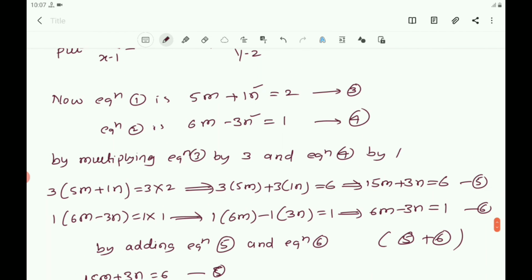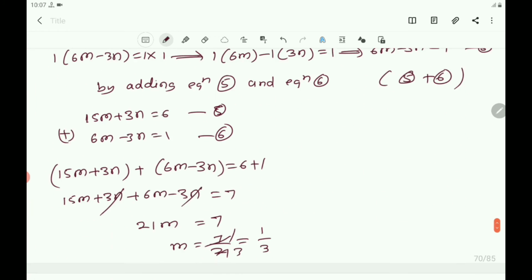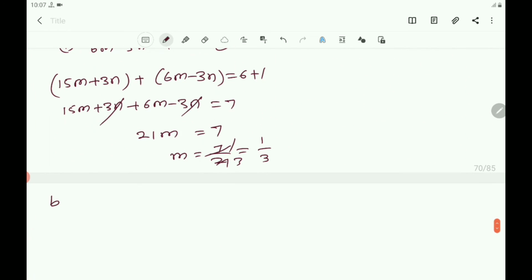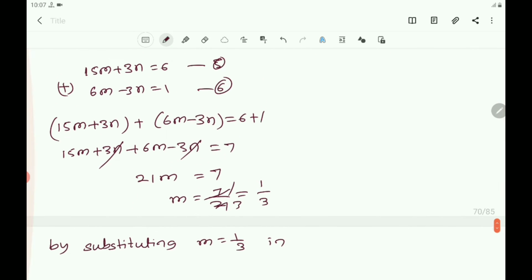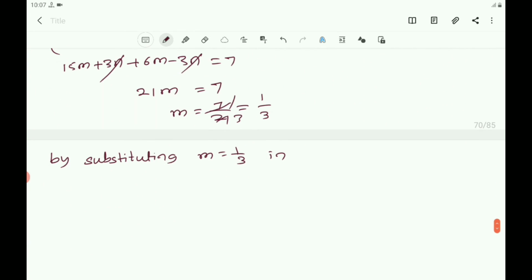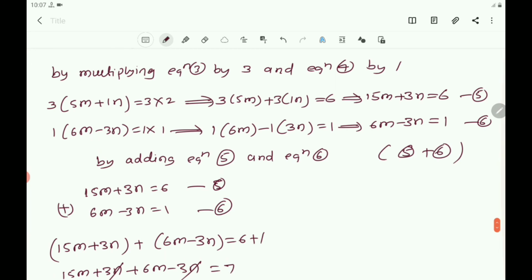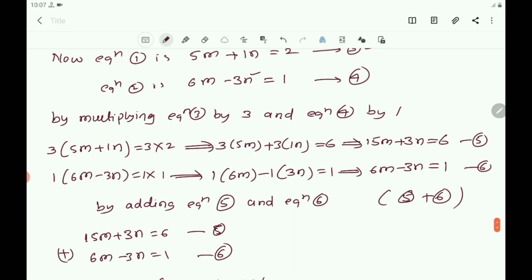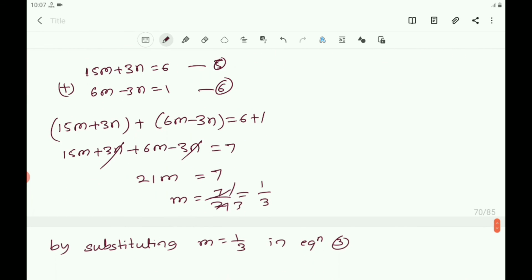So let us take equation 3. You write by substituting m equals 1 by 3 in equation 3. What is equation 3 here? 5m plus 1n is equal to 2.